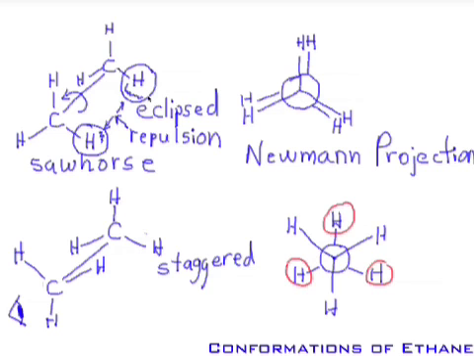What about the staggered state? The staggered state, however, is that state where the hydrogens are furthest apart. And the repulsion between the electron clouds around the hydrogen of the front carbon and the hydrogen of the back carbon, say these two, because they're farthest apart, the electron repulsion is at a minimum.